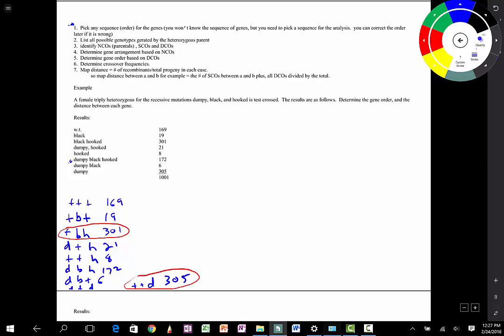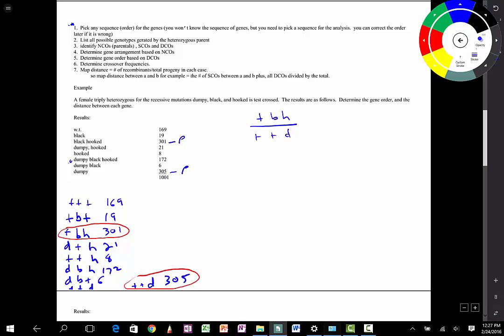So that tells us that plus, black, and hooked started on one side of the line, and plus D started on the other side of the line. That's because this guy's a parental, this guy's a parental. Got black, we started out black hooked and dumpy.